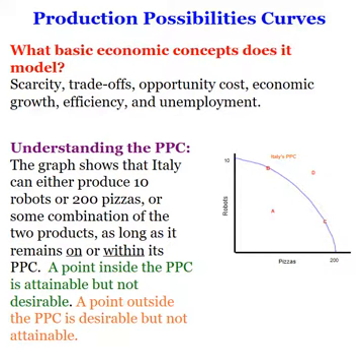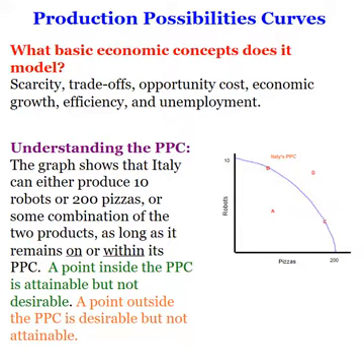So this point D is only possible with growth. Any point on the line is efficient. We're using our resources to the best of their ability. So in this case, B is efficient, C is efficient, A is inefficient or not efficient because it's not using resources fully, and D is impossible.